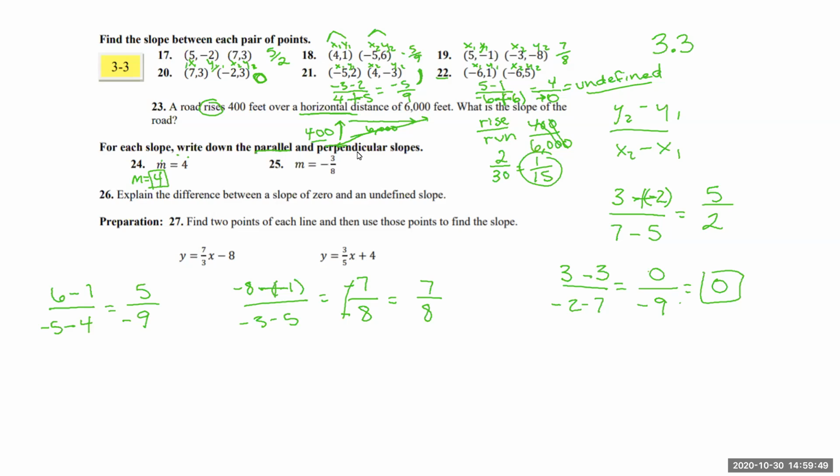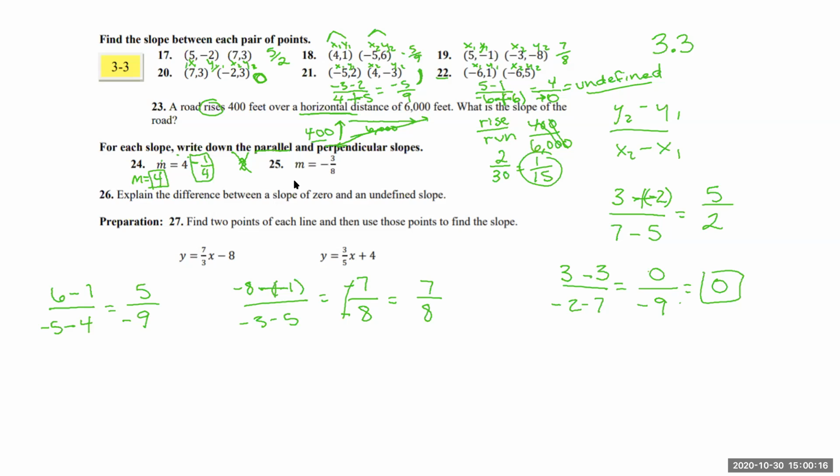And then to get a perpendicular slope, we actually have to create this into a fraction of 1/4 and make it a negative number. This makes it so that on the graph, you actually have a 90-degree angle when you cross each other. Okay, so negative 1/4 is going to be our perpendicular slope there.